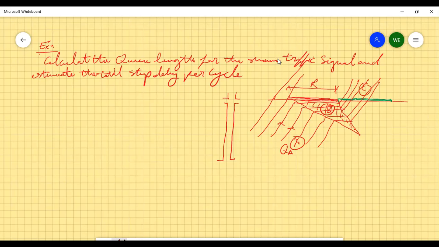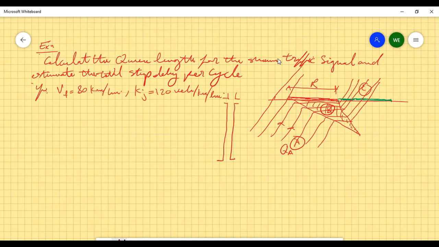If VF equal 80 kilometers per hour, Kjam equal 120 vehicle per kilometer per lane.